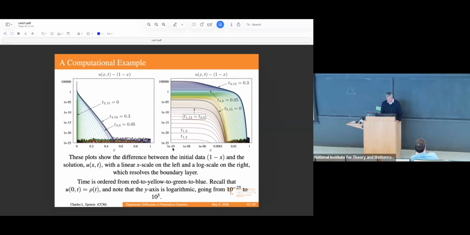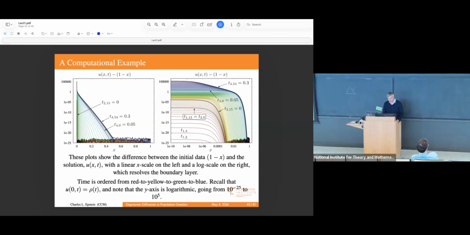In these plots, time is ordered from red to yellow to green to blue. So the blue edges here, those are the last times that we computed for. Time is 0.3. And the early times are down here. Now, if you look at the scale of this plot, you'll see it goes from 10 to the minus 25 to 100,000 on the y-axis, similarly there.